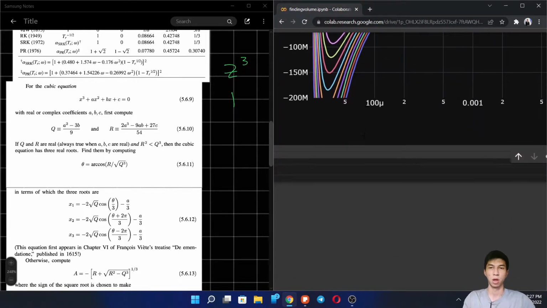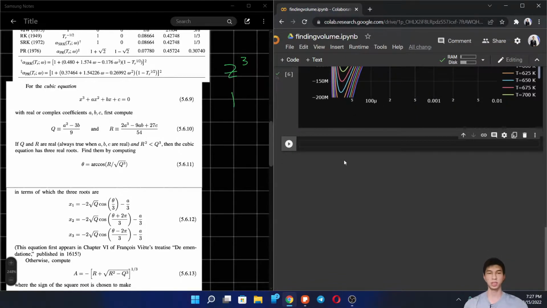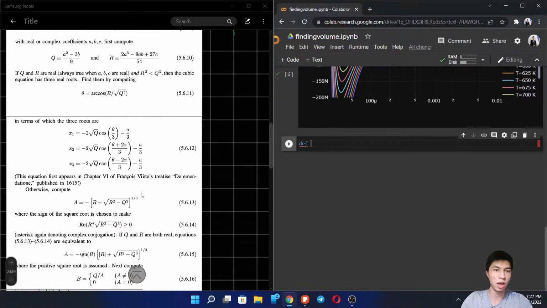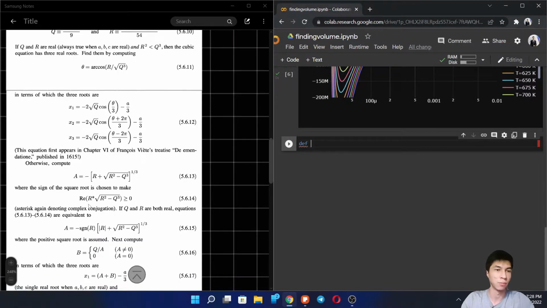So for determining the specific volume, we will look at the two cases where we have three different real numbers and only one number. Okay, let's first write a function that would calculate the roots x1, x2, and x3 for the first case and only x1 for the second case.